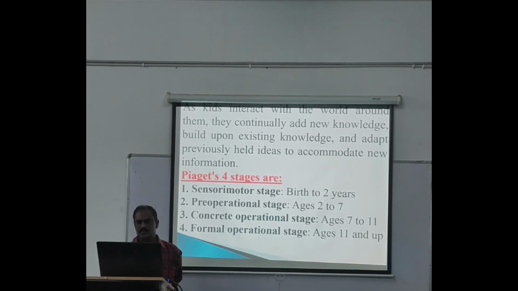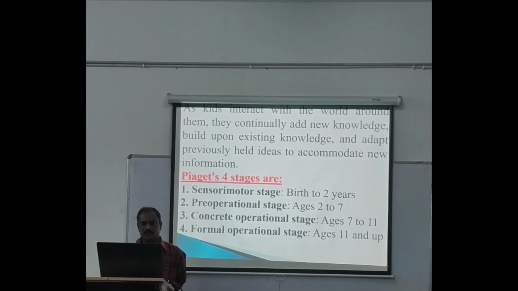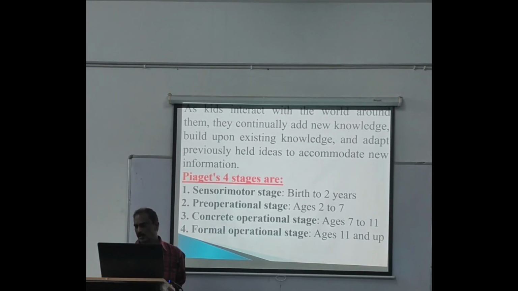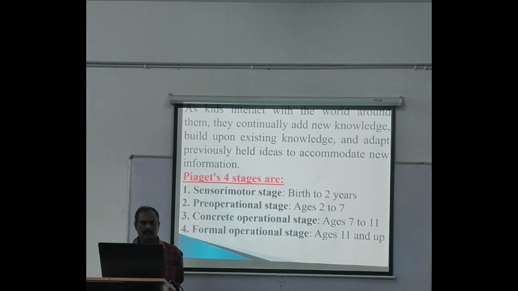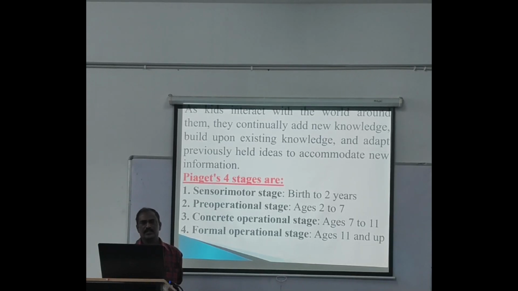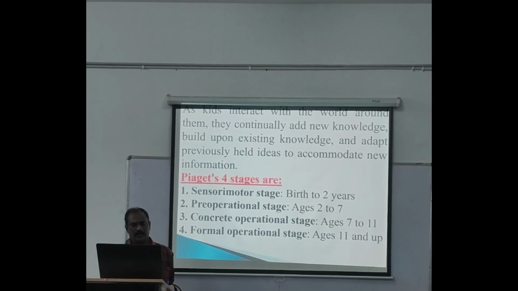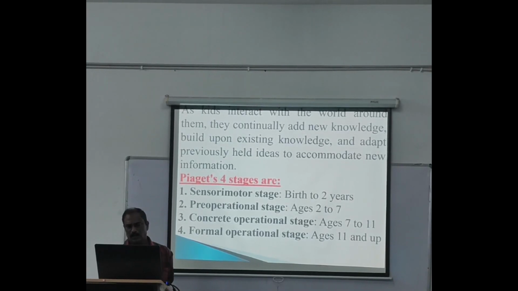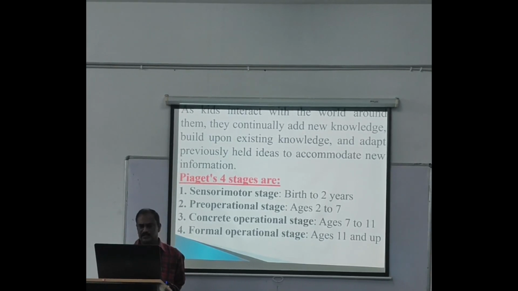Pre-operational stage is from ages of 2 to 7 years. The third one is concrete operational stage, ages 7 to 11 years, and the fourth one is formal operational stage, ages 11 and up.